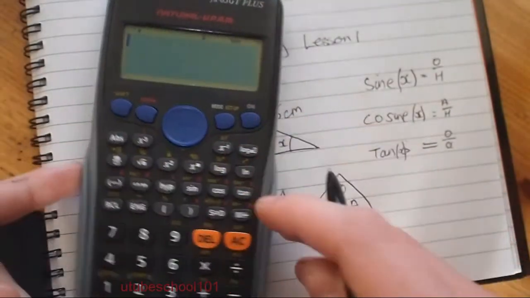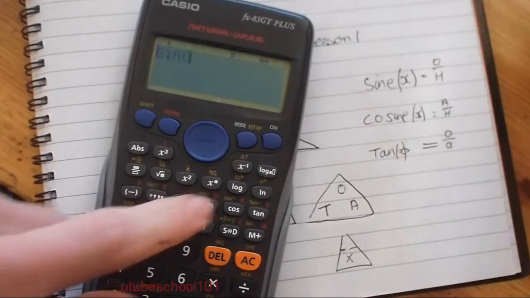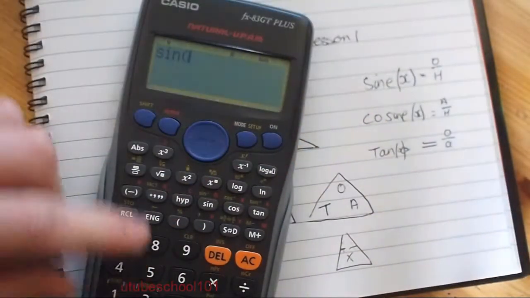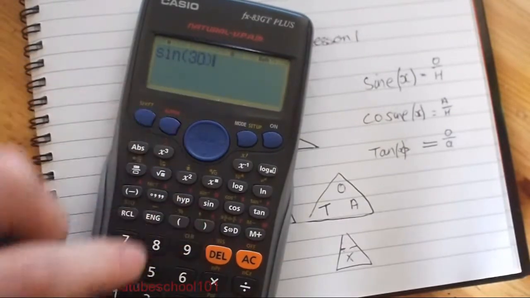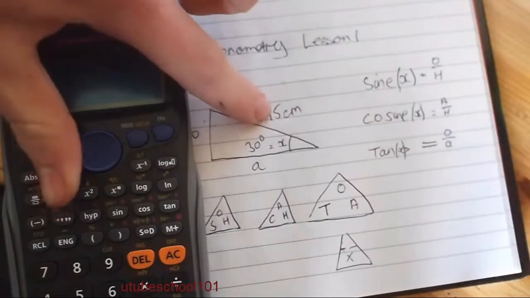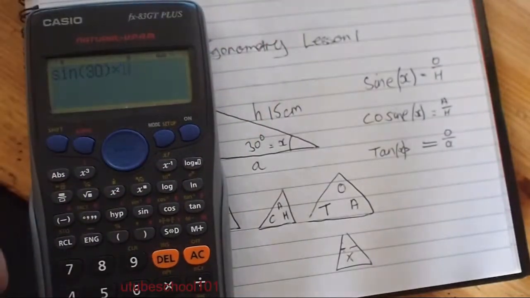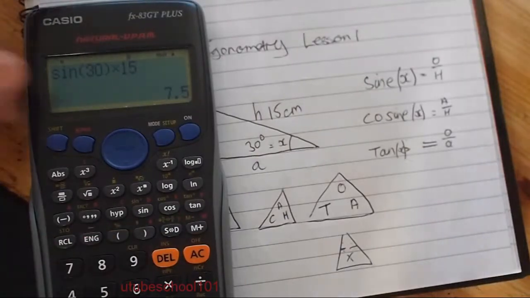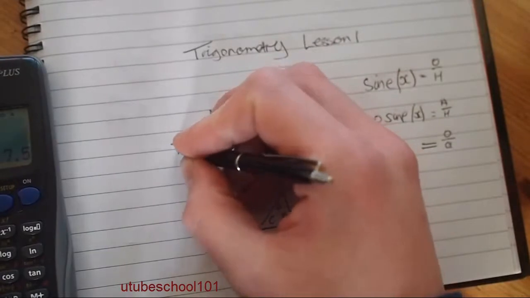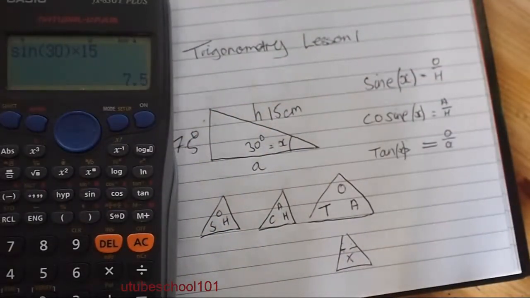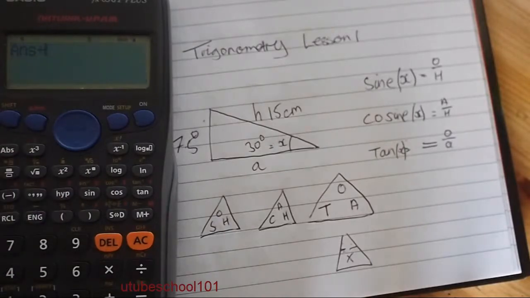You just have to do the sine of x, so x is 30, and then multiply that by the hypotenuse, which is 15. If we press S to D to get a decimal, it will tell us the side opposite this angle is 7.5 centimeters. And that's all you do. It's very, very simple.